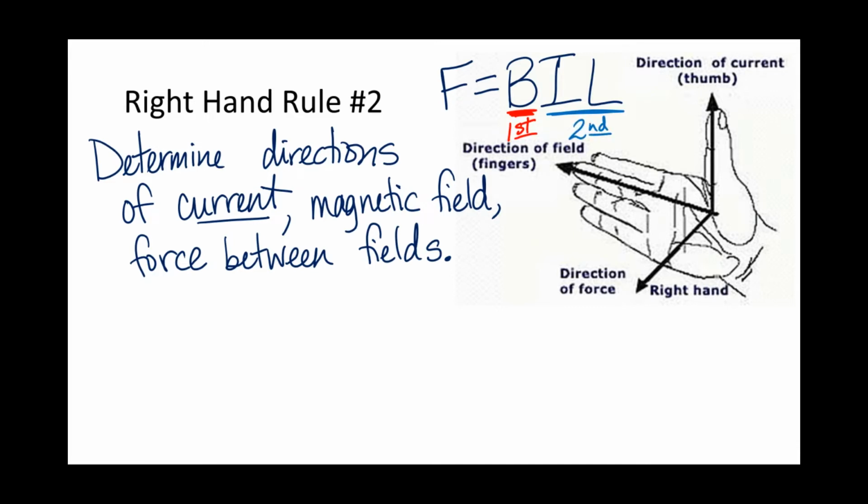This second magnetic field is specifically electromagnetic. The current's direction through the wire is what determines the direction of the electromagnetic field. And then, of course, where the north and the south are is what determines the direction of the permanent first magnetic field.